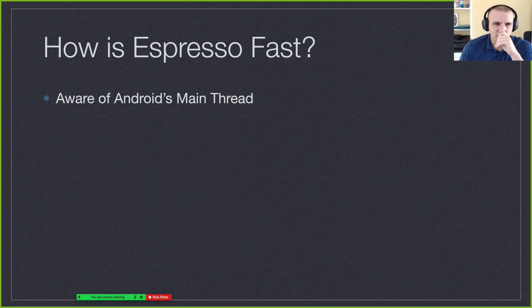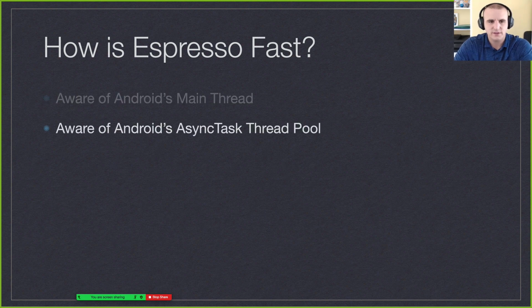So the idea is you want to put everything you can off the main thread, but the main thread is the render loop that happens on Android. So Espresso can monitor that and determine when it goes idle, when nothing's getting drawn to the screen or when nobody's using it, and then it can go ahead and do my assertions.